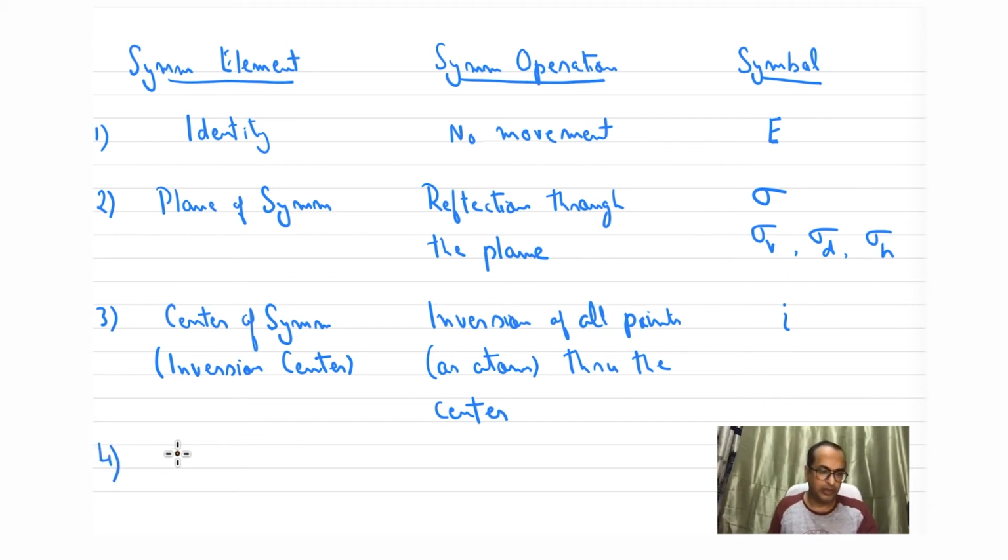The fourth is proper axis of rotation. So we had symmetry element, symmetry operation and the corresponding symbol, right?